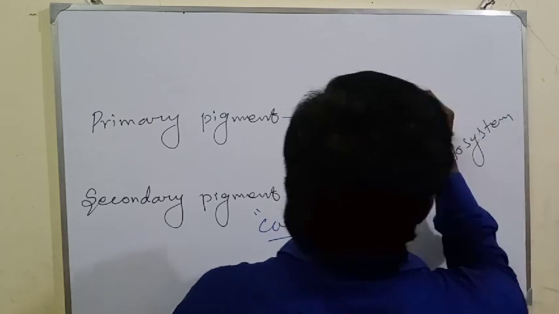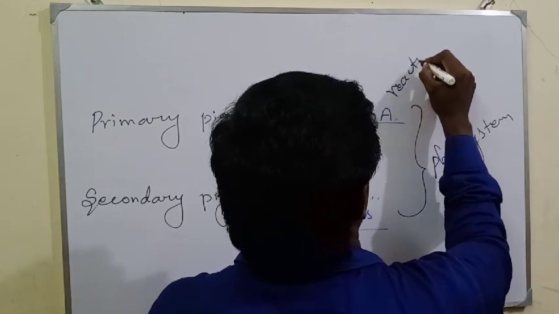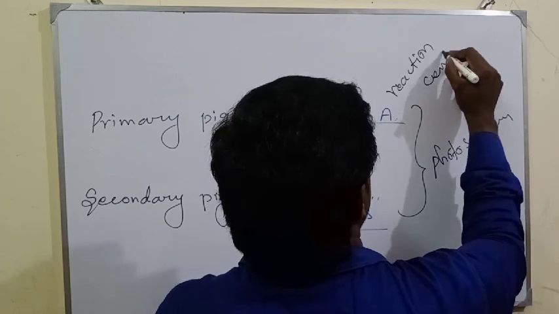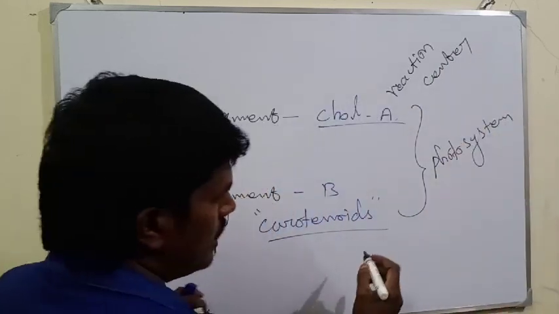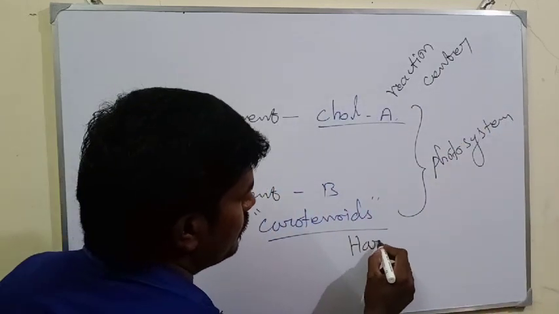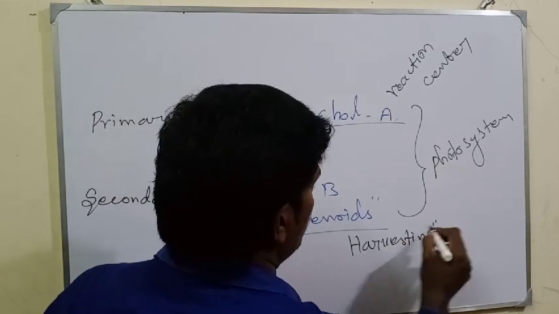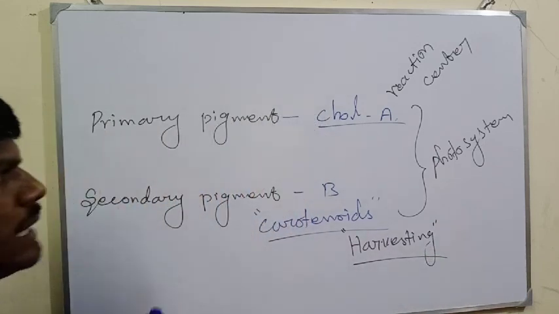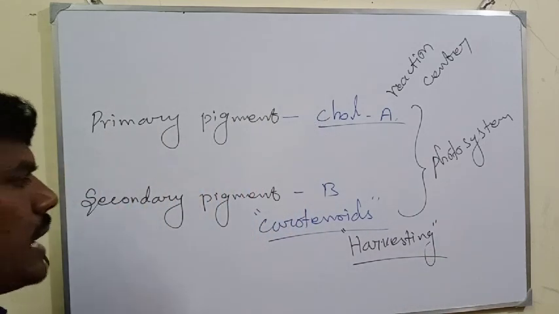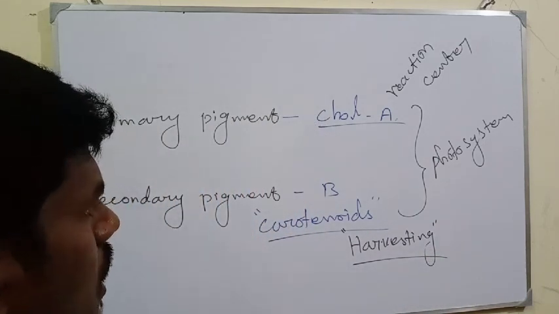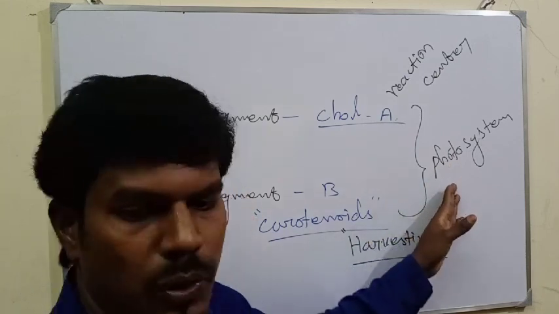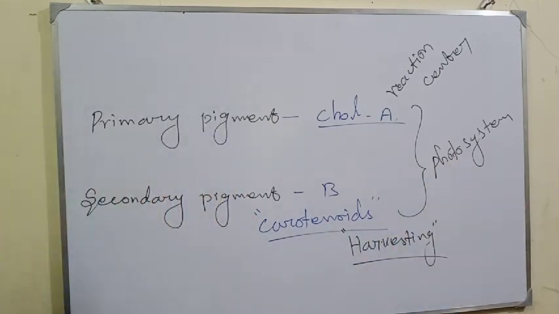The reaction center is chlorophyll A, and the harvesting center is chlorophyll B or carotenoid.